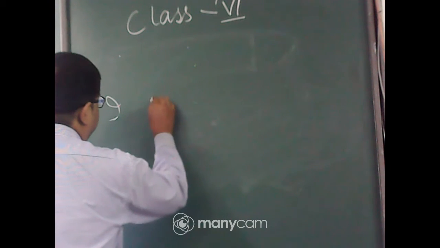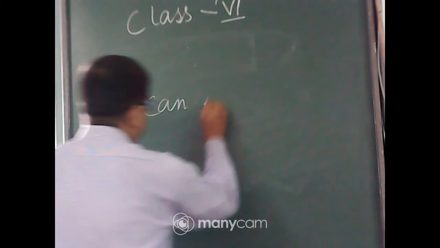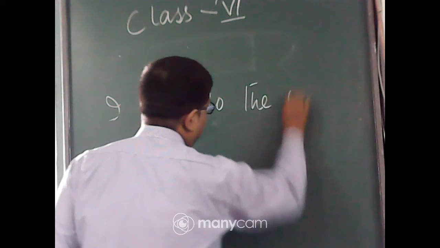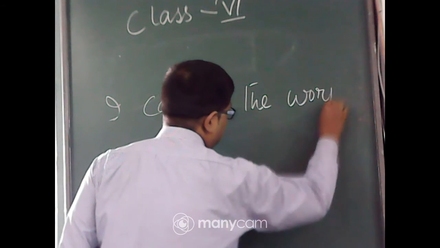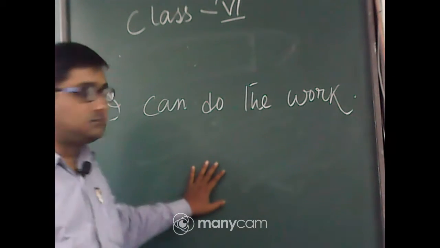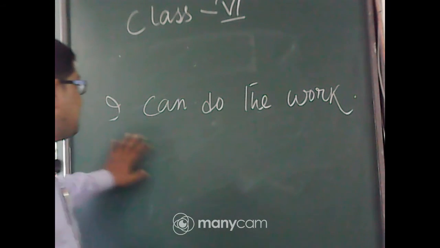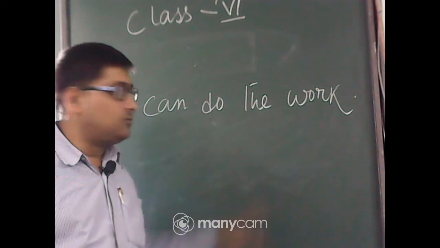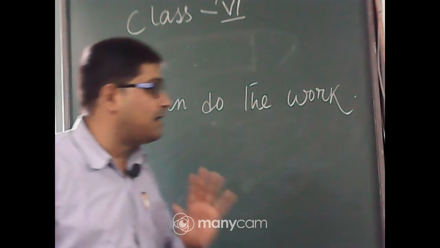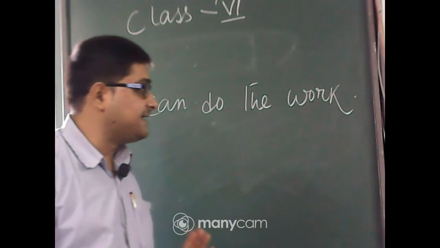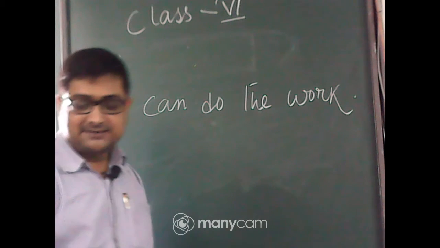I can do the work. Is the board visible to all? I have written, "I can do the work." Now which one would be the verb here? Which one is the main verb in this sentence, the ordinary verb as mentioned in your book?